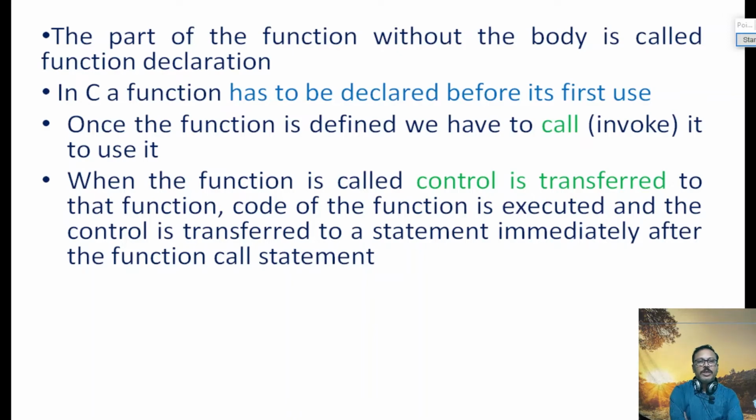So when a function is called, control goes to that function, code of that function will be executed, and the control is transferred back again to the statement immediately after the function call statement. So to the next statement, the control will be transferred.